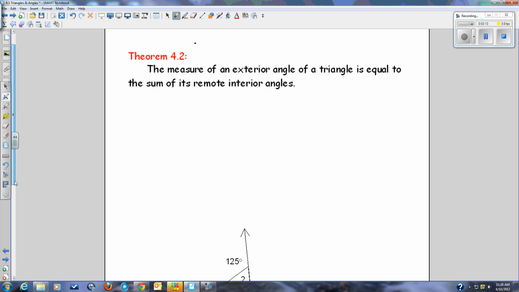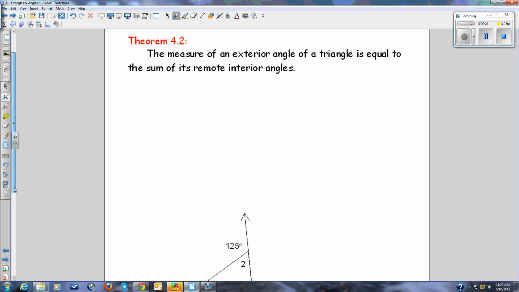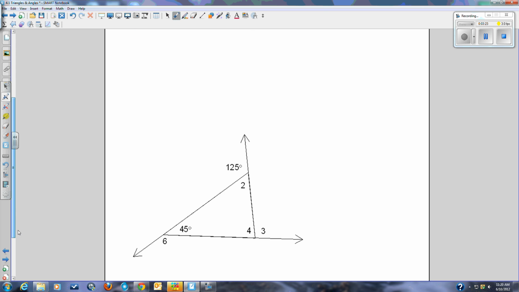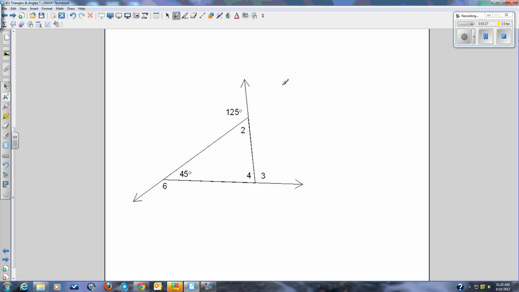The measure of an exterior angle of a triangle is equal to the sum of its remote interior angles. So let's take a look at this. We would like to find the measure of angles 2, 3, 4, and 6.